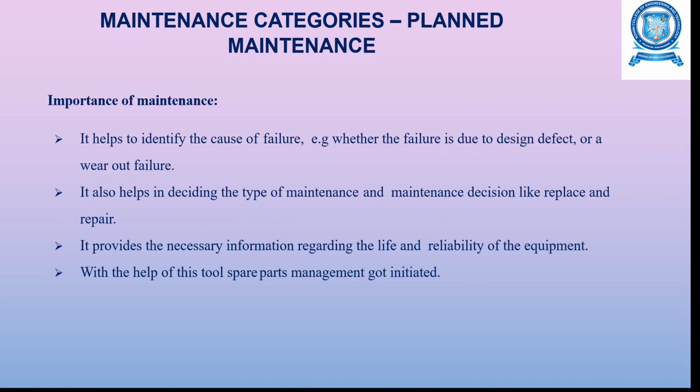And it also helps to identify the causes for the failures. For example, whether the failure is due to design defect or the wear of the equipment or any other failure.